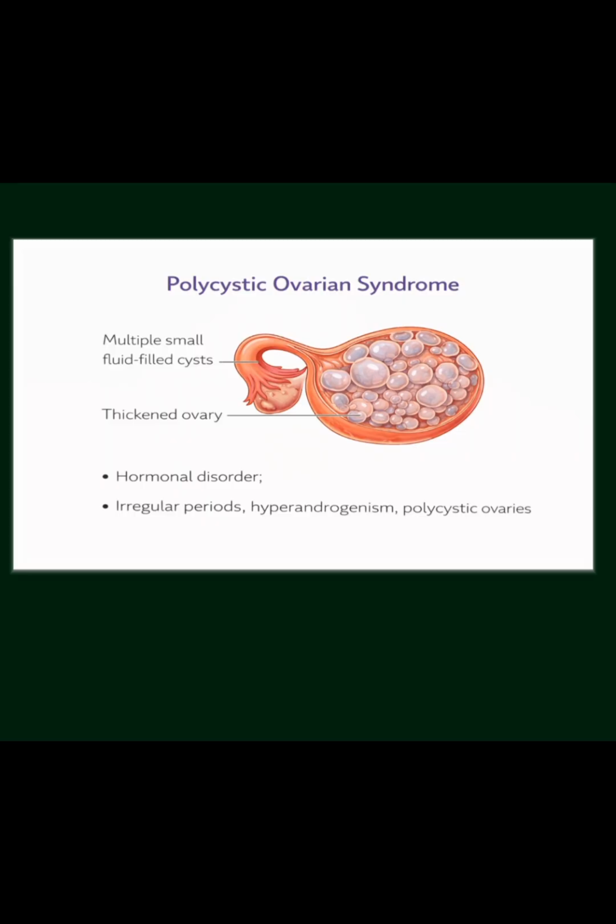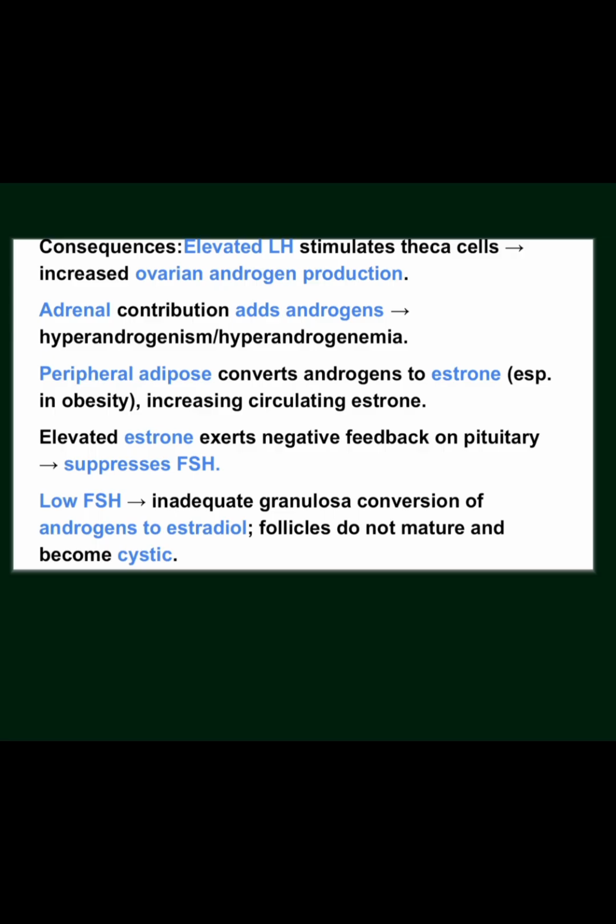That's how a patient can come in. So just look at the consequences. There is elevated luteinizing hormone, which stimulates the theca cells, and those theca cells lead to increased ovarian androgen production, as we mentioned earlier on.